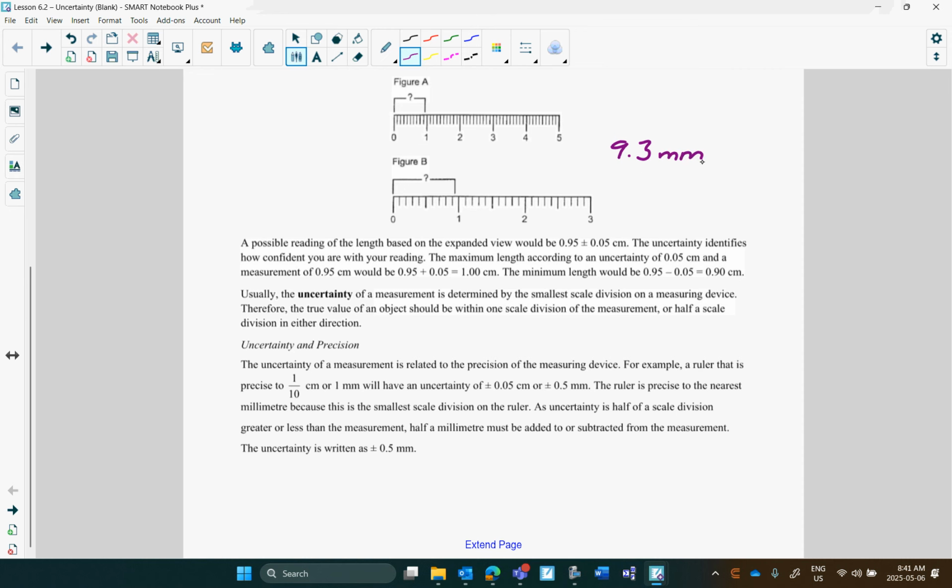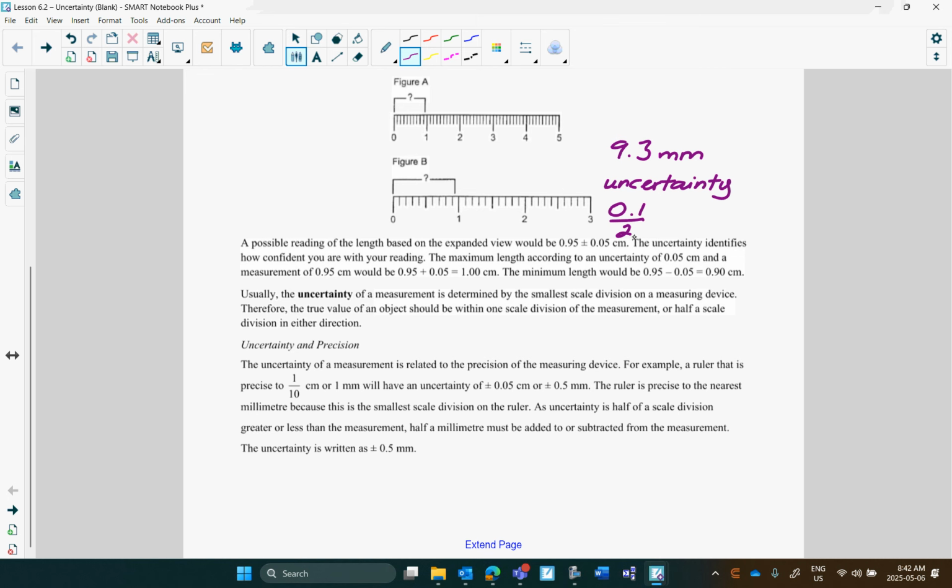How we calculate the uncertainty is we would take the precision that we're measuring to. So it would be the nearest tenth of a millimeter, right? We learned that last lesson. So what you do is you take 0.10 and divide by 2, because half of it's going to go above, half of it's going to go below.